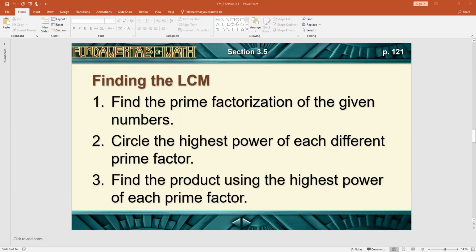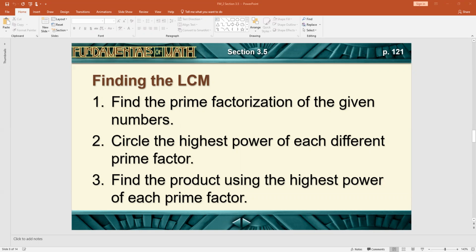So you circle the highest power of each different prime factor. You don't have to break them up into individuals like we do when we calculate greatest common factor, because we need each base prime number but we only need the one with the highest exponent.